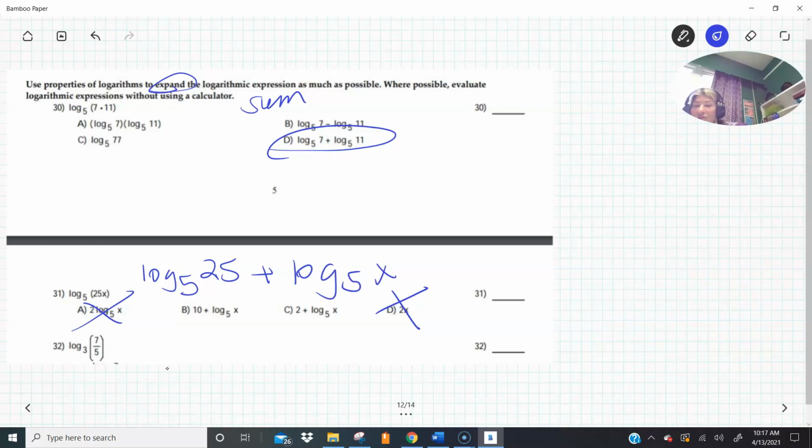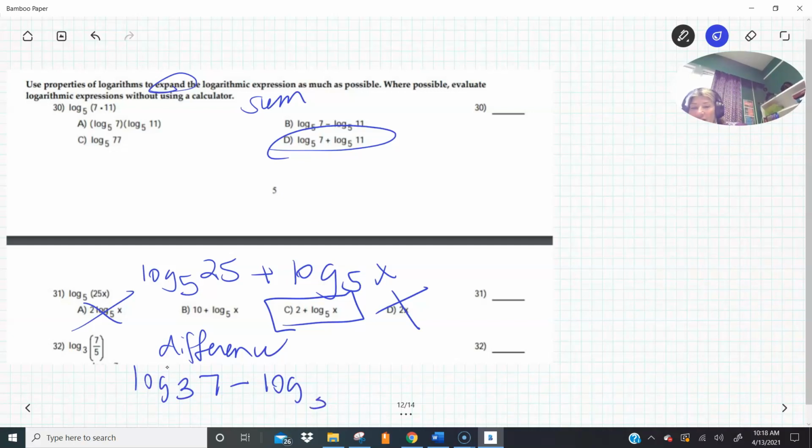Log base 5 of 25 can reduce to be 2. That one's simplified. And then problem number 32. This is a quotient. To expand it, it becomes a difference. It would be log base 3 of 7 minus log base 3 of 5.